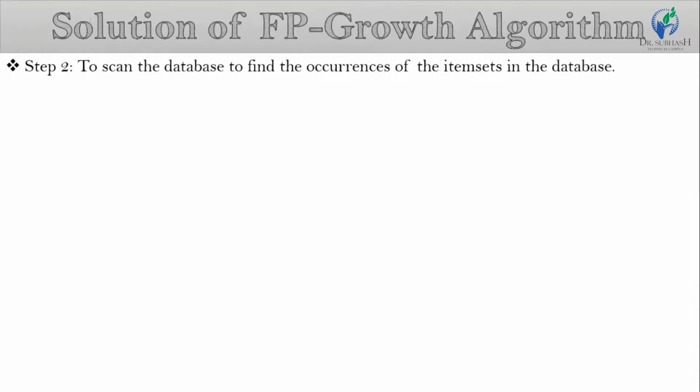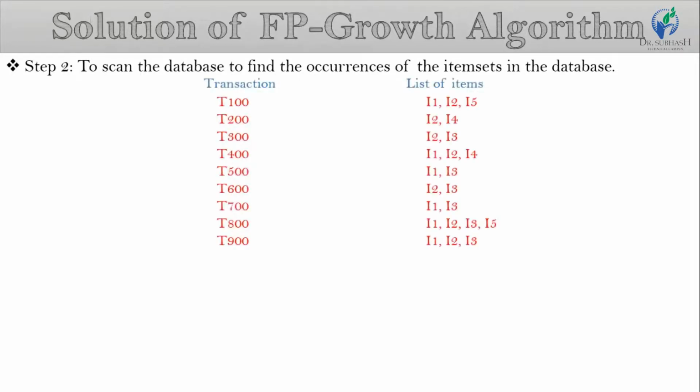Now I explain step number 2. In step 2, we scan the database to find the occurrence of the item sets. Based on the given table, we find each individual item with its count: I1 occurs 6 times, I2 occurs 7 times, I3 occurs 6 times, I4 occurs 2 times, I5 occurs 2 times.